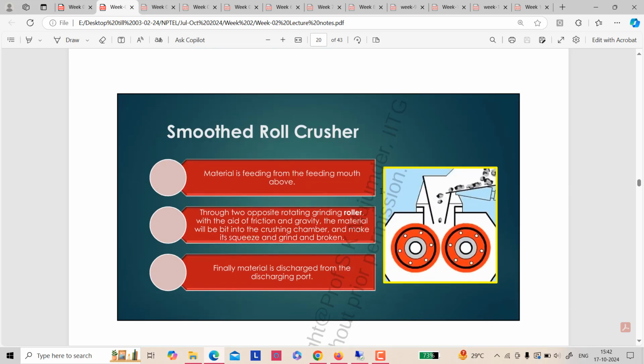Last one is the smooth roll crusher, where the particles are crushed between two rolls. Here you can see from the video, through two oppositely rotating grinding rollers with the aid of friction and gravity, the material will be bitten into the crushing chamber, squeezed, ground and broken.